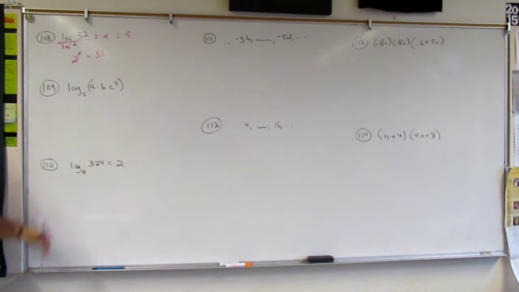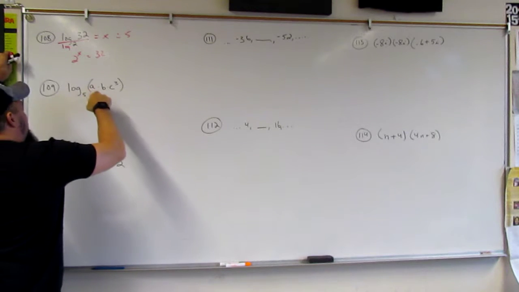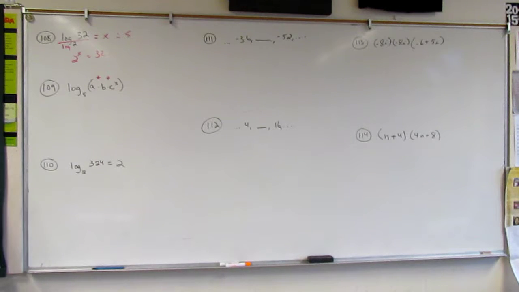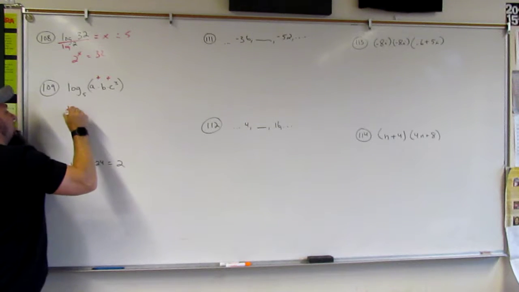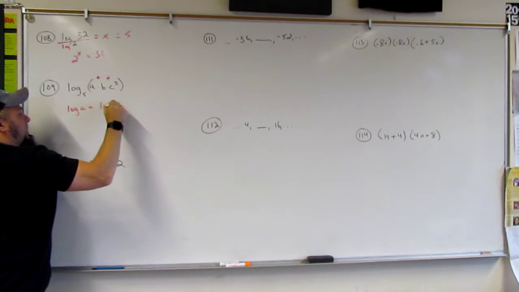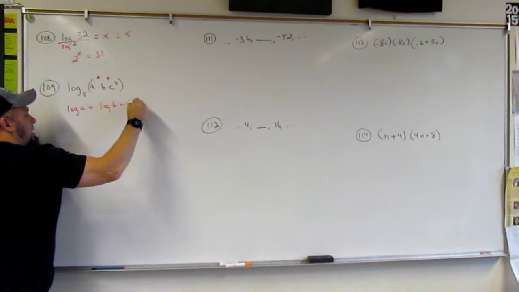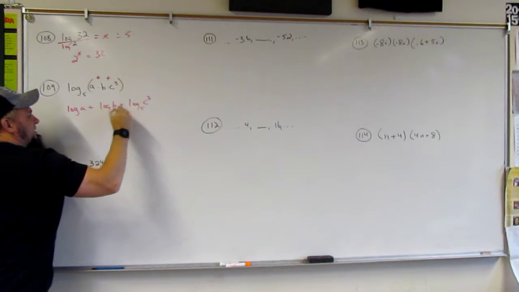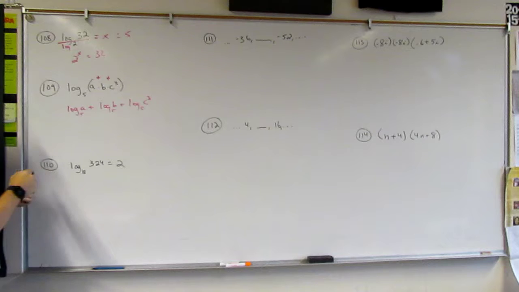The next problem, we're expanding it out. So again, multiplying means plus, right? And so to expand this out, I just go log of A plus log of B plus log of C to the third. And remember, those are all base 5, base 5, base 5.